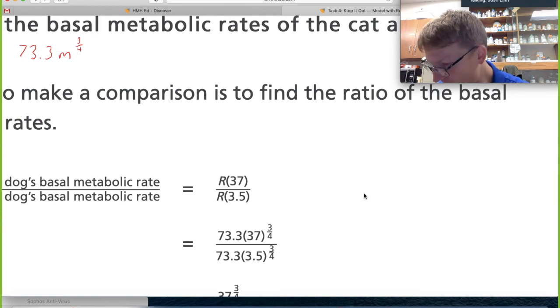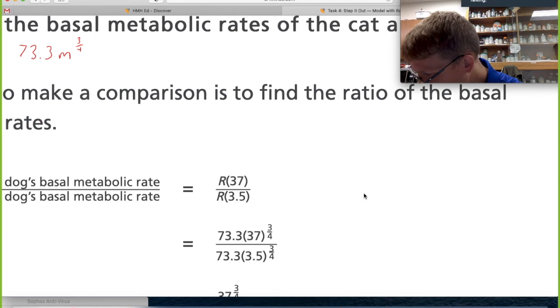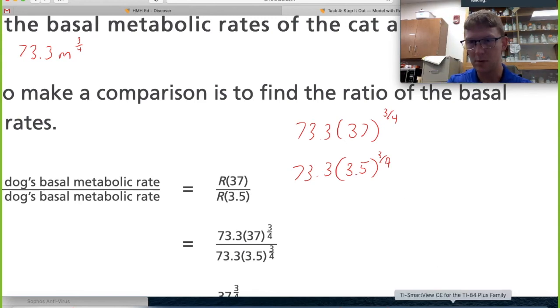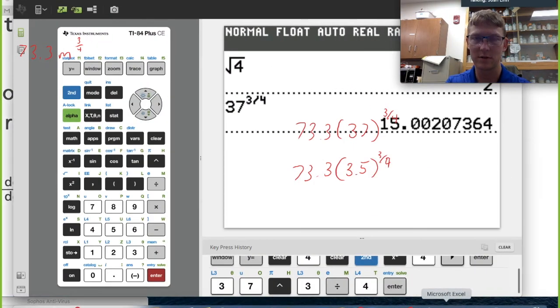And I have a new way of showing it to you. So we've got 73.3 times 37 to the 3/4, and then we have 73.3 times 3.5 to the 3/4.